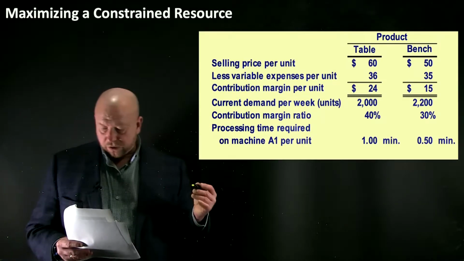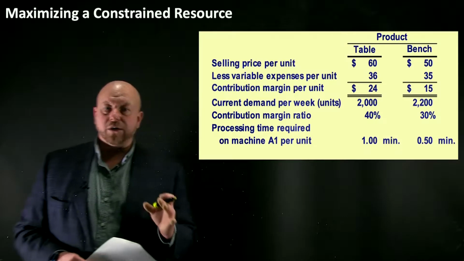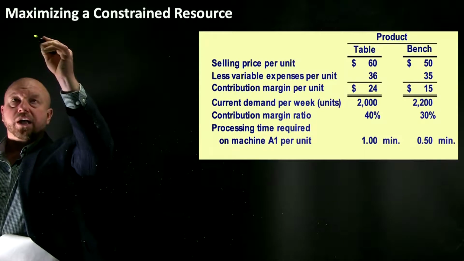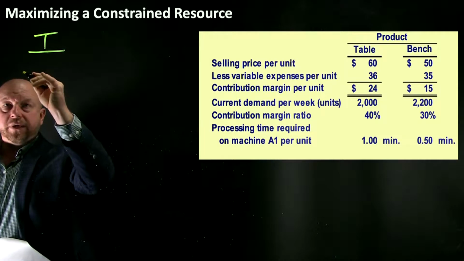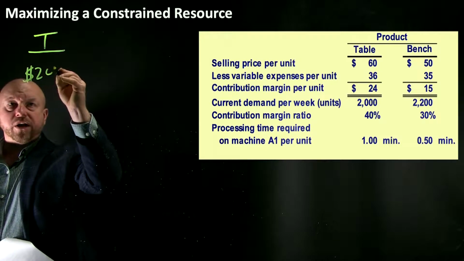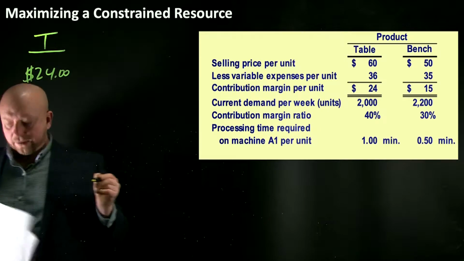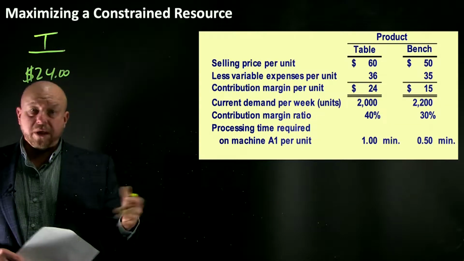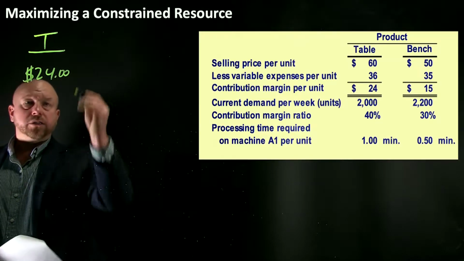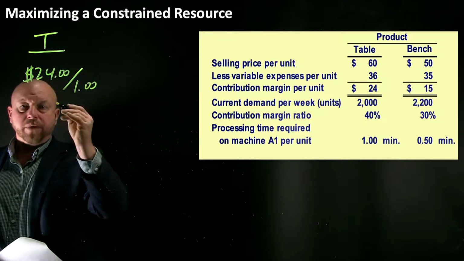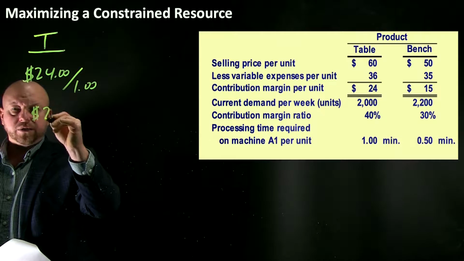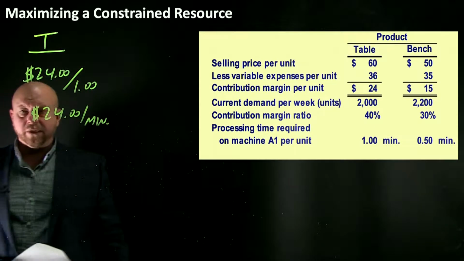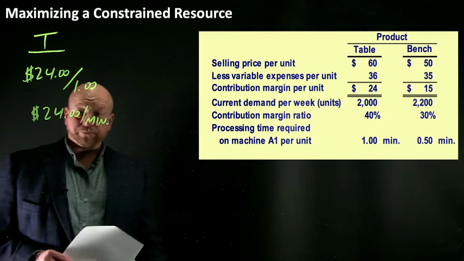So what we want to do is look at the contribution margin per unit of constrained resource. For a table, it's $24 of contribution margin per table, and in 1 minute we can make 1 table. So the contribution margin per minute of machine time is $24 for a table.